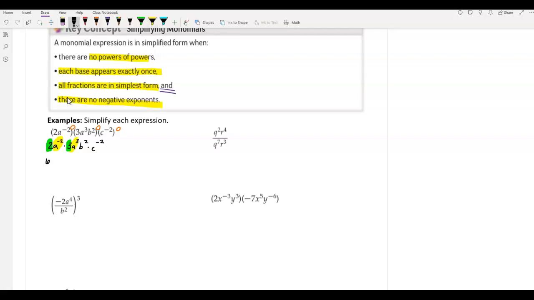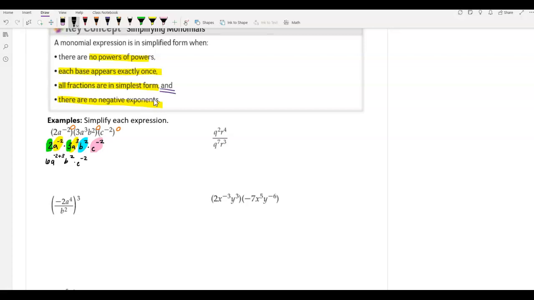Well, when we look at our monomial properties, that is multiplying two monomials with the same base. So we add negative 2 plus 3. All right, let's do our b's. I only have one set of b's, so b squared. And then I have only one set of c's, which makes it c to the negative 2.